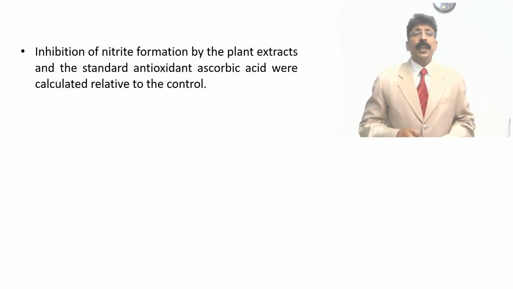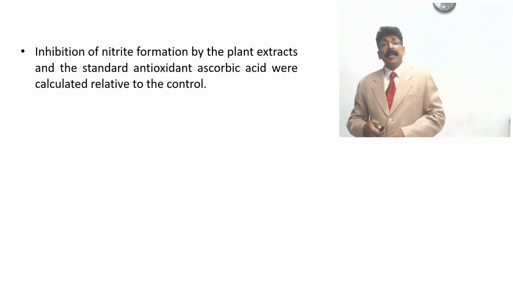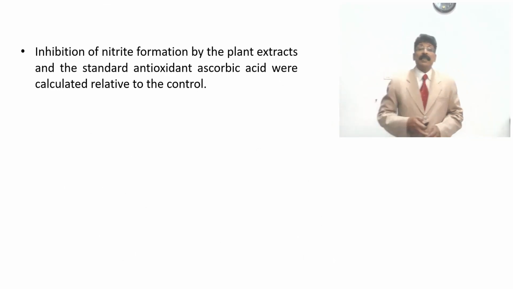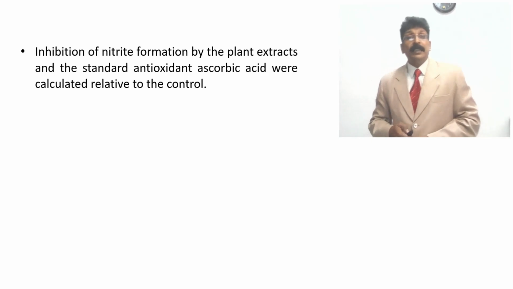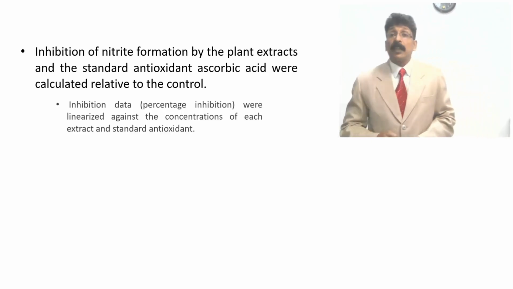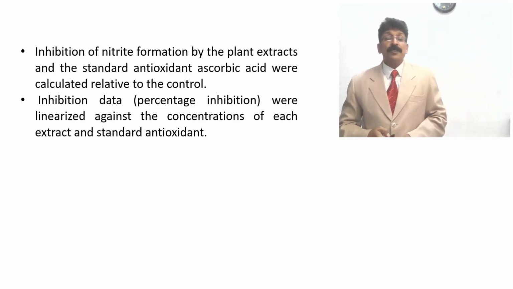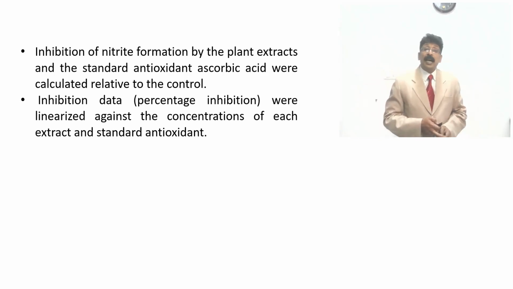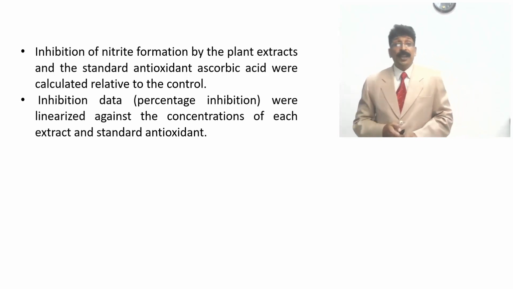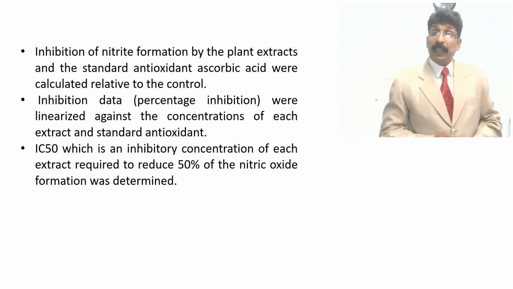So the inhibition of nitrite formation by the plant extract and the standard antioxidant ascorbic acid were calculated relative to the control which you have used, and percentage inhibition data were linear against the concentration of each extract and standard antioxidant.